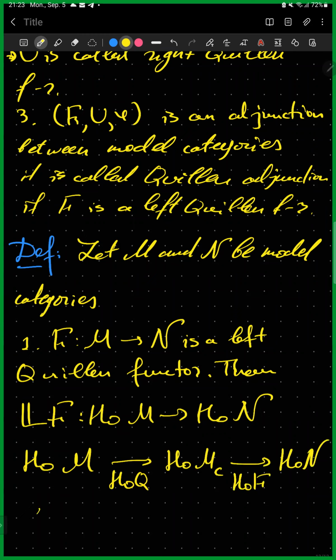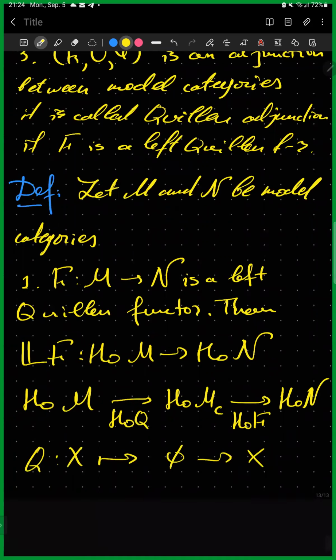So here Q is a cofibrant replacement functor which takes an object and maps it to its cofibrant replacement, which fits into the diagram like this.